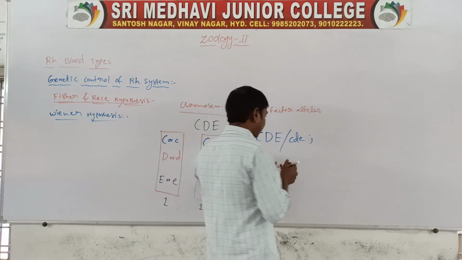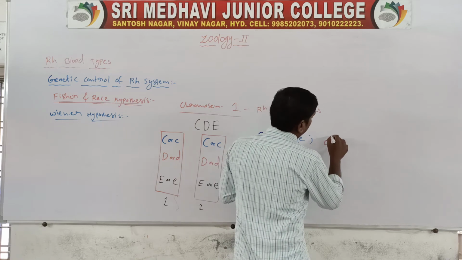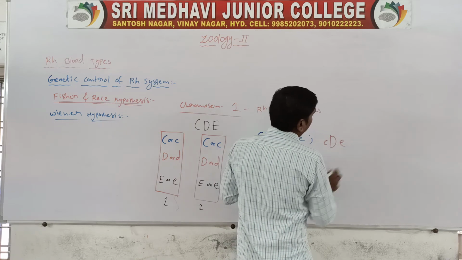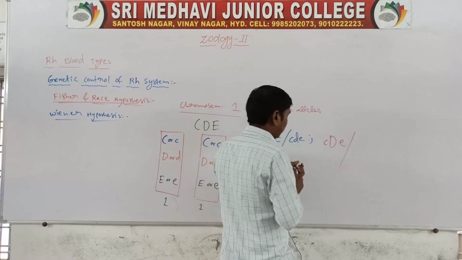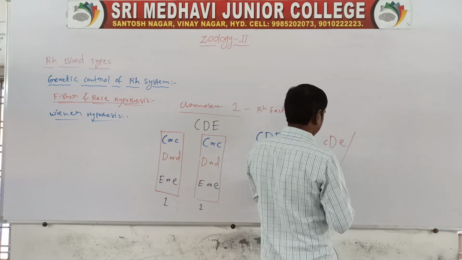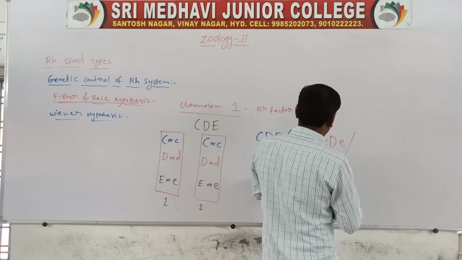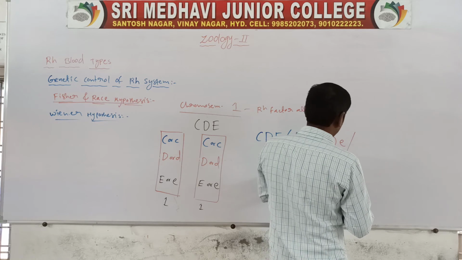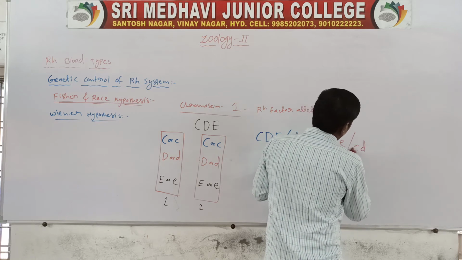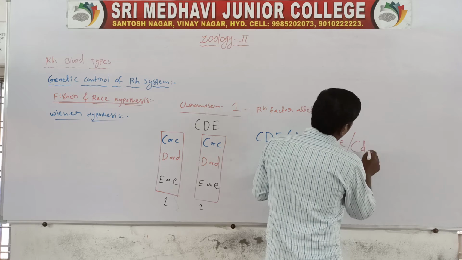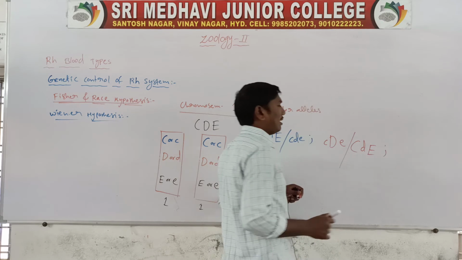Next one, C, D, E or C, D, E. So that is one type of the genotype.